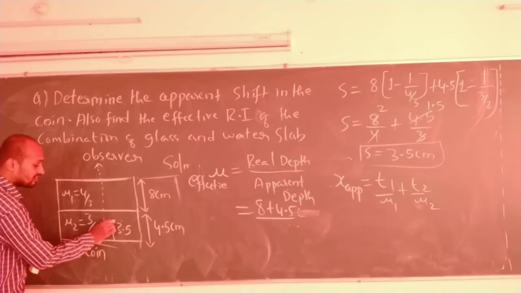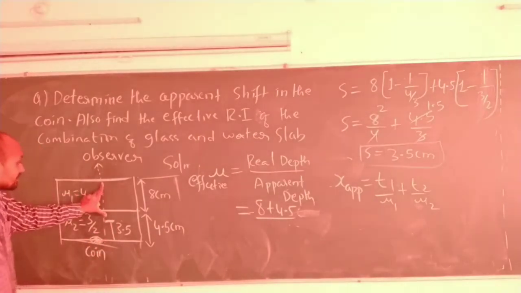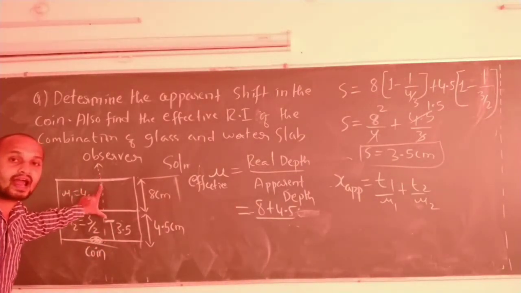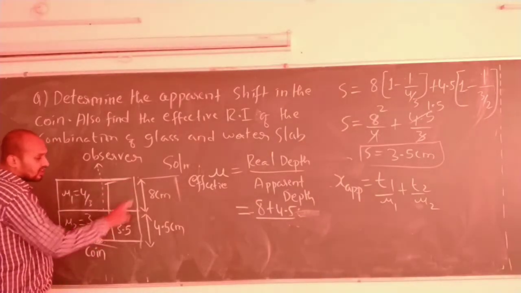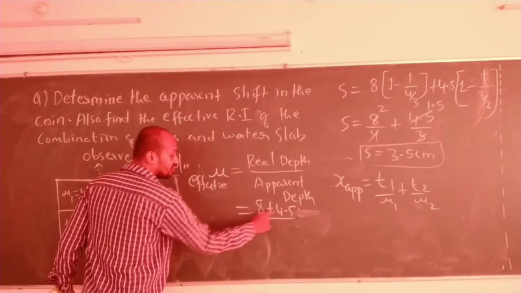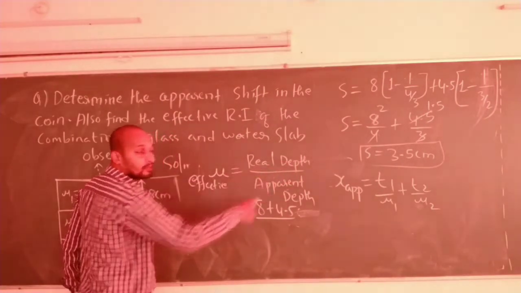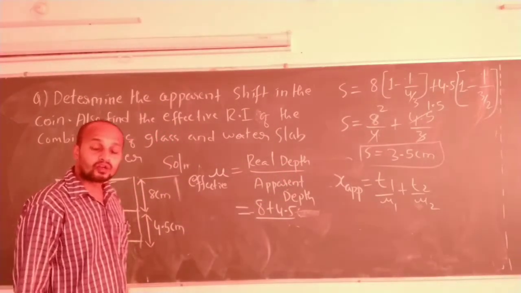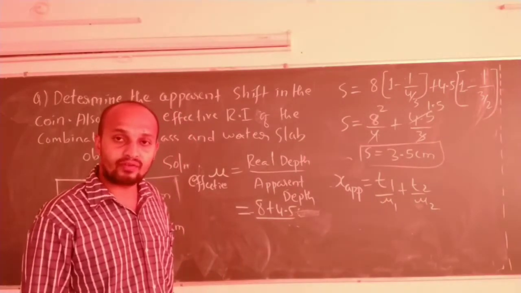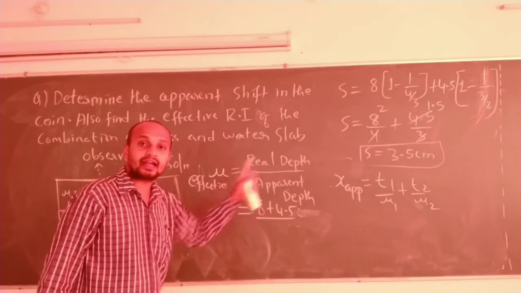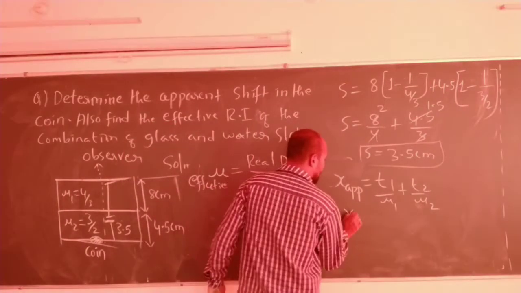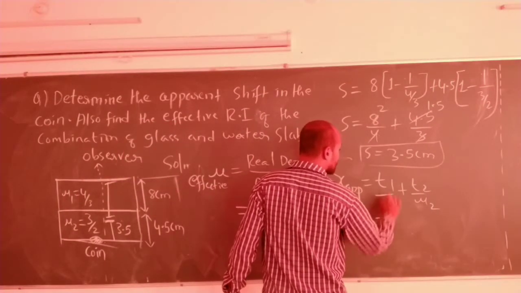If you want to calculate, whatever the hand I am showing will be the apparent depth. 12.5 minus 3.5, how much is it? I believe it is 9 centimeter. Even if you solve like this, you will get 9 centimeters. See here, apparent depth is how much? T1 is how much?